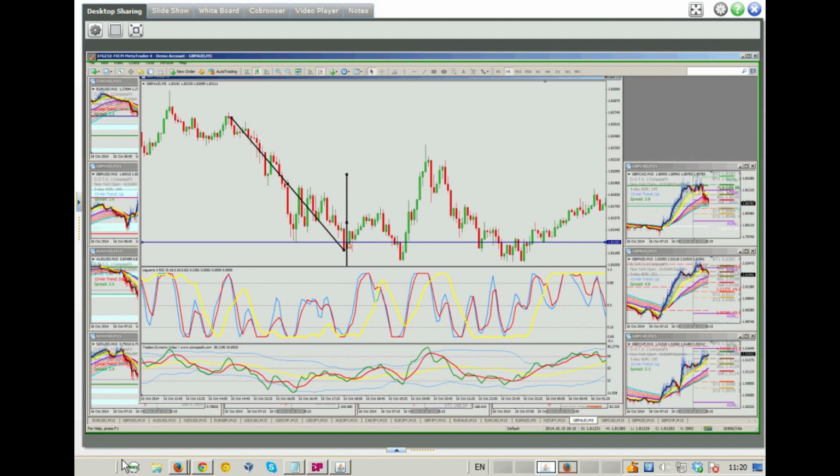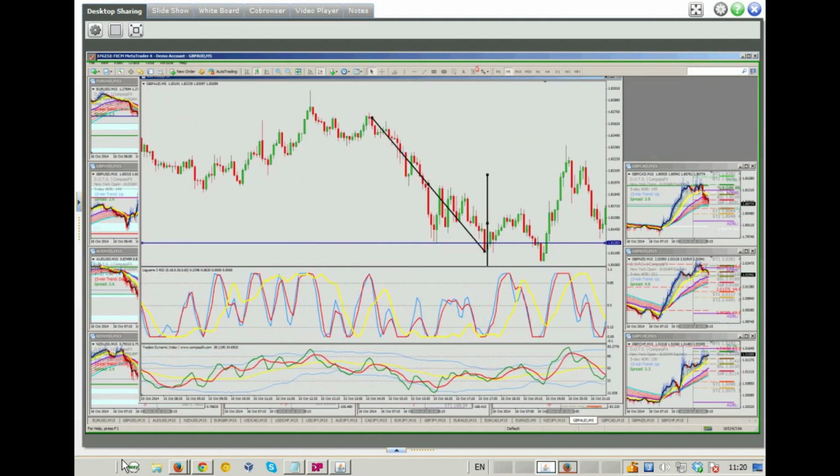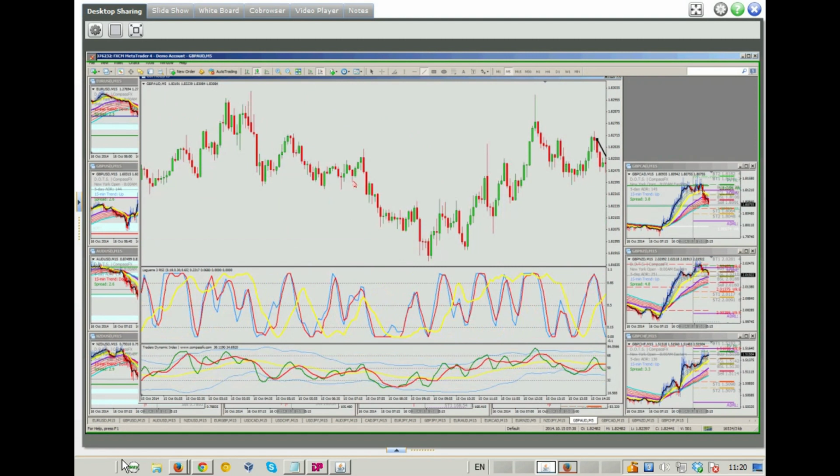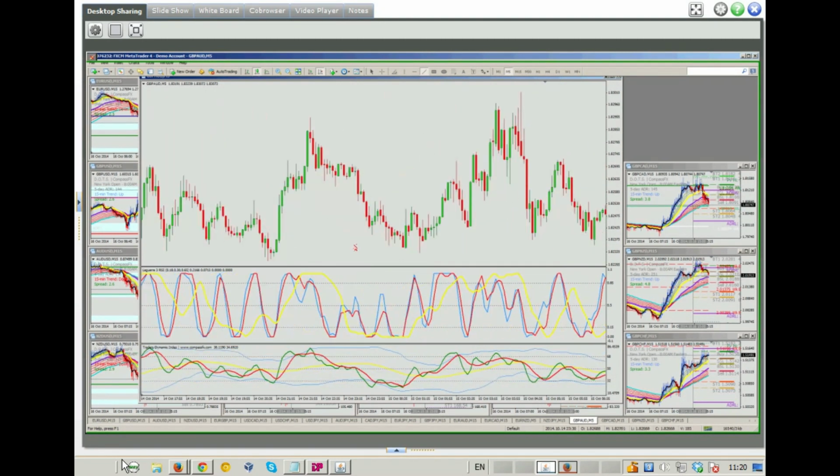Once you get that, you draw your vertical and your horizontal line at the close of that opposite colored candle. I tell people to draw these until they get comfortable.